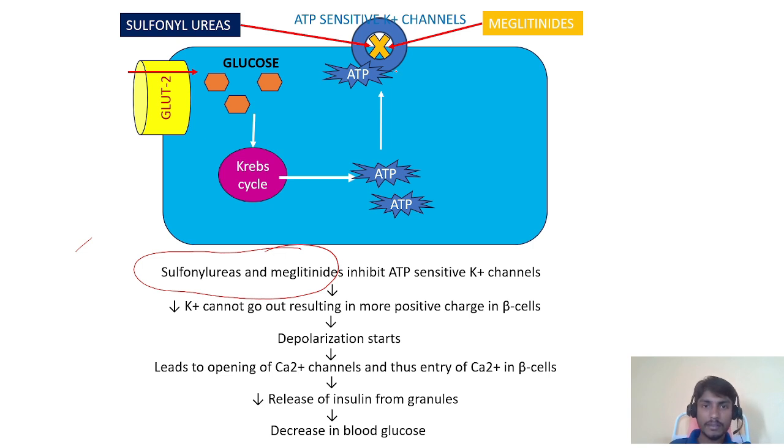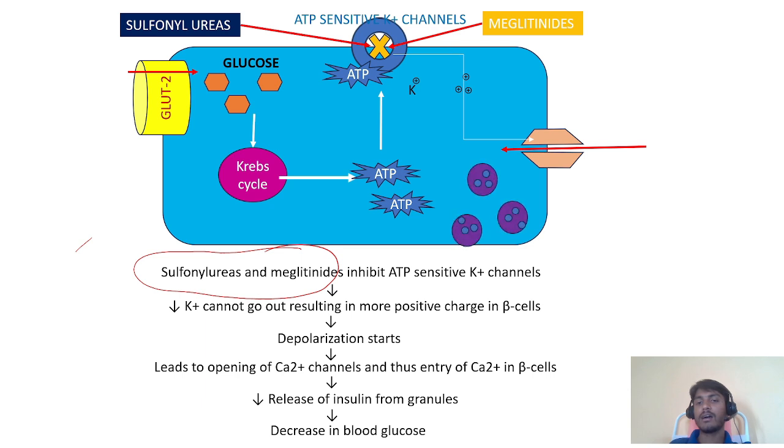So if the potassium channels are inhibited, potassium will not go outside, so it will stay inside. The increased concentration of potassium leads to increased positivity within the cells. That will activate the voltage gated calcium channel.